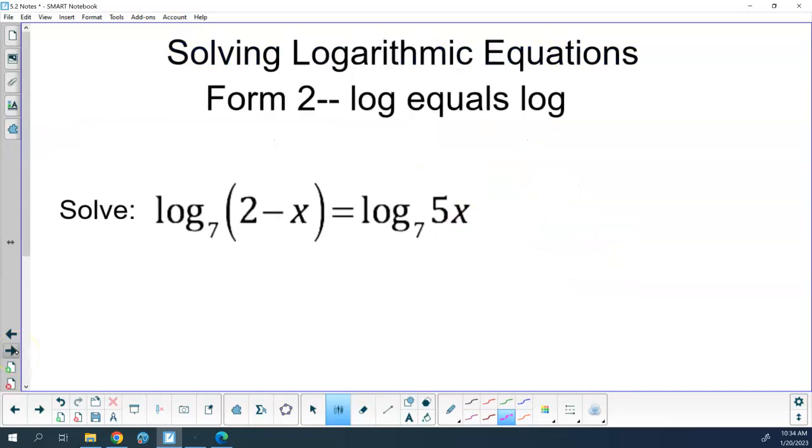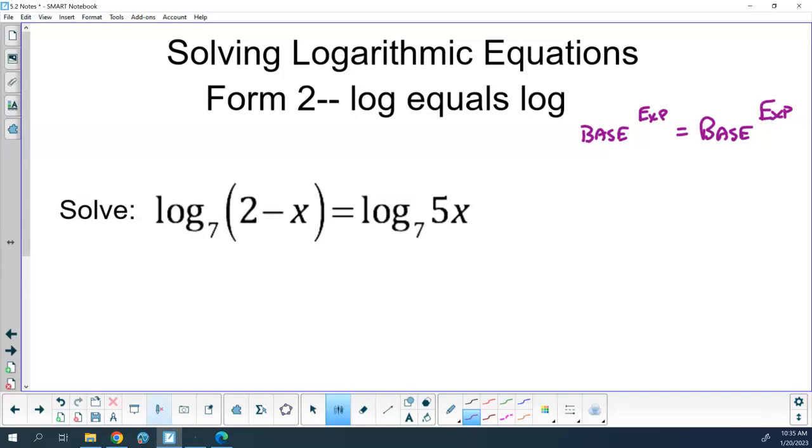Next flavor of problem is going to be log equals log. I will also say that this also works for exponential. If you have the case where you've got base equals base, then exponent has to equal exponent.